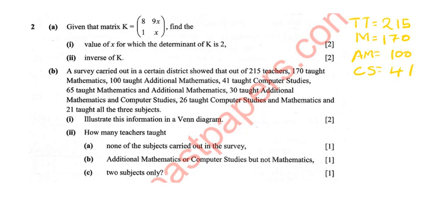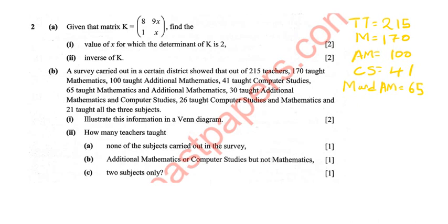And then they have said 65 taught mathematics and additional mathematics. So you say mathematics and additional mathematics. How many taught those two subjects? They were 65. So you write 65 there.